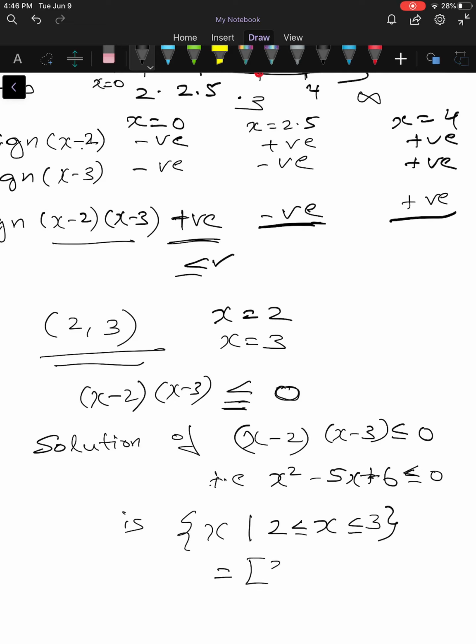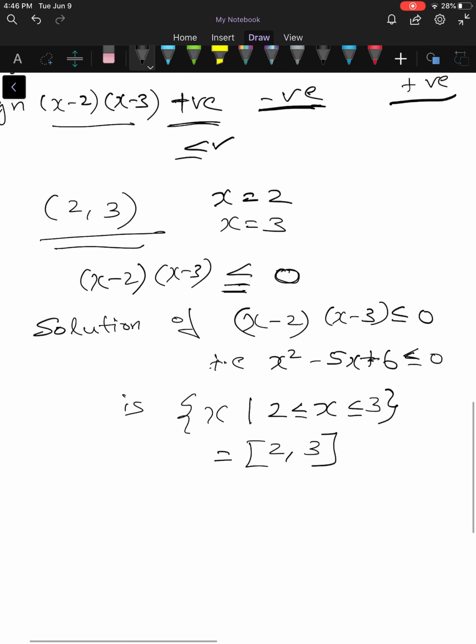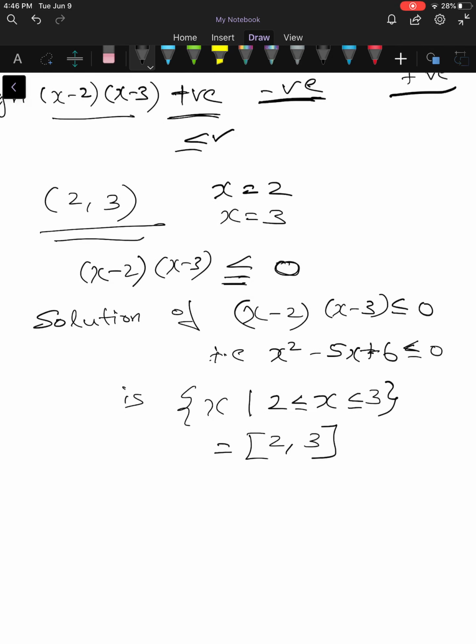That is closed interval 2 comma 3 if you are supposed to express it as an interval. And if you want to shade it on a real line, that would be 0, 1, 2, 3. So shade all the numbers in between 2 and 3 including 2 and 3.